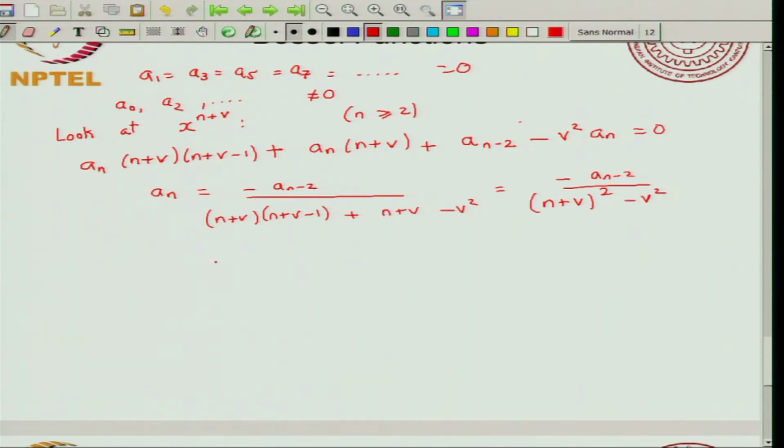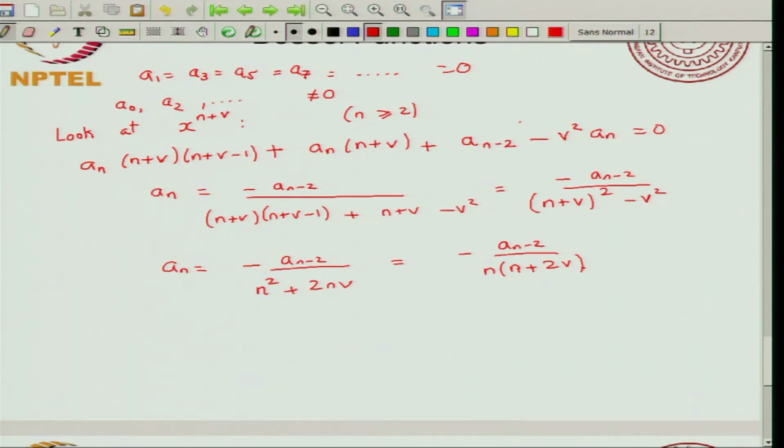So that is equal to minus a_{n-2} divided by n square plus 2nv, which equals minus a_{n-2} divided by n(n plus 2v).